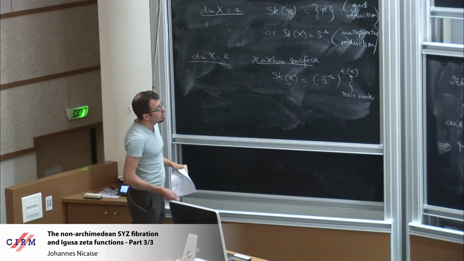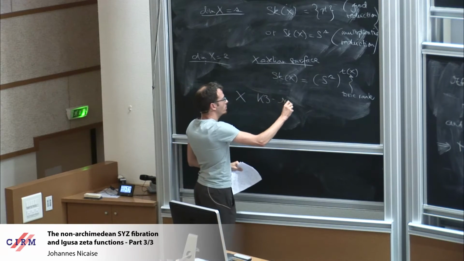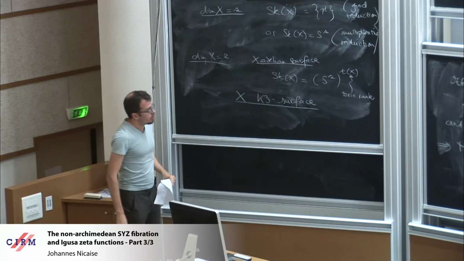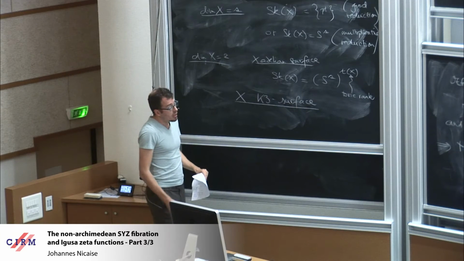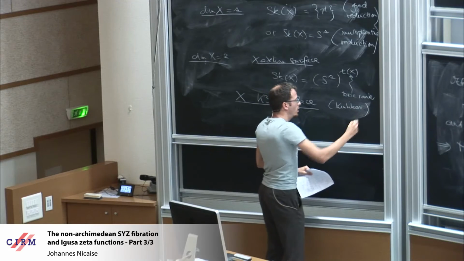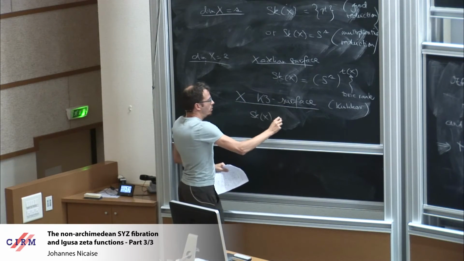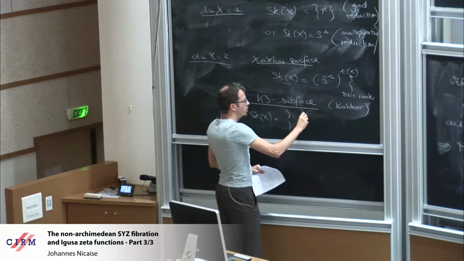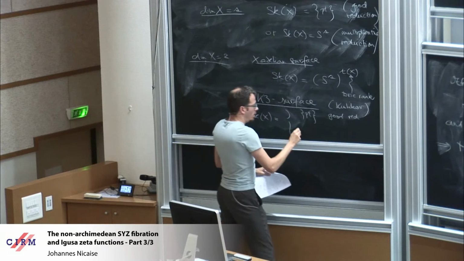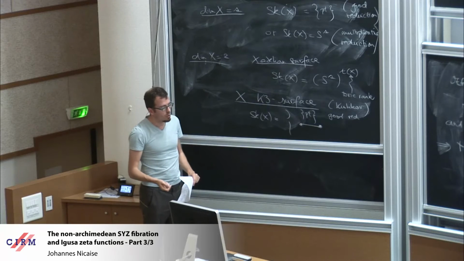And so we get a similar distinction when X is a K3 surface. So here we are essentially looking at the Kulikov classification of semi-stable degenerations of K3 surfaces. So the skeleton will be a point, again in the good reduction case. It will be a segment for so-called type 2 degenerations.